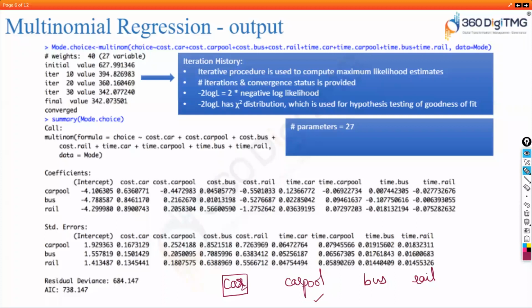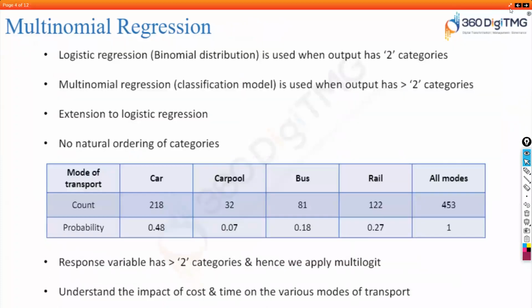You have carpool, you have bus, and you have rail. So car is considered as a baseline level, because you have multiple levels in this output variable. If car doesn't appear, that means car is a baseline. Okay, so that is what this means.